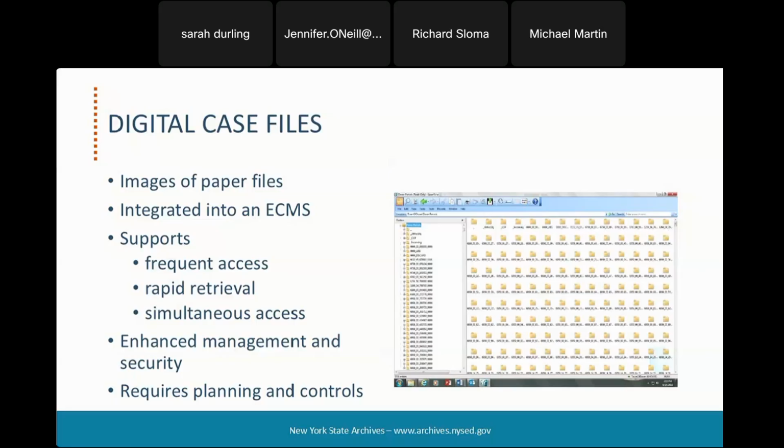And because they're in digital format, it's easier than paper records to provide access controls. You could do it at the folder level, the file level. The content management system could also allow you to manage access.